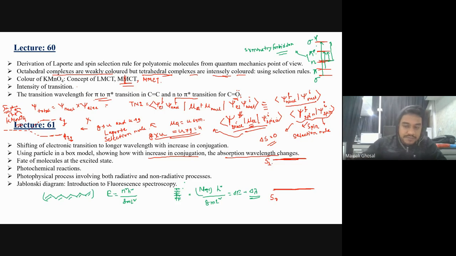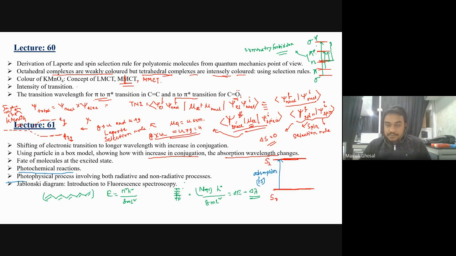Different processes can happen. Either it can undergo a photochemical reaction, which comes under the category of photochemistry, or it can have photophysical processes. This process is called absorption, and it occurs on a femtosecond time scale, 10 to the power minus 15 seconds. You can imagine how fast it is.